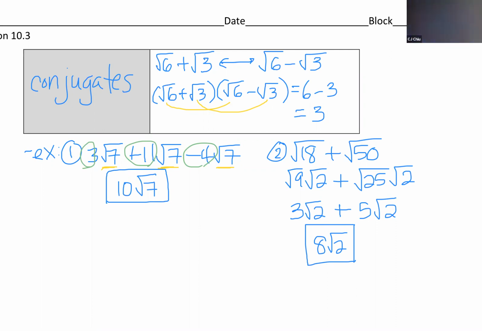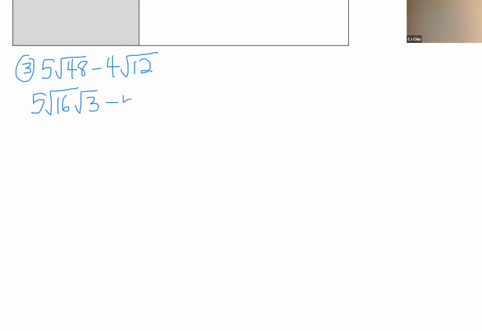Let's do one more before we move to a different operation. What if we have 5 square root of 48 minus 4 square root of 12? Same thing, let's simplify these and see if we get the same square root. So 5 square root of 48 is 16 and 3. 4 square root of 12 is 4 and 3.